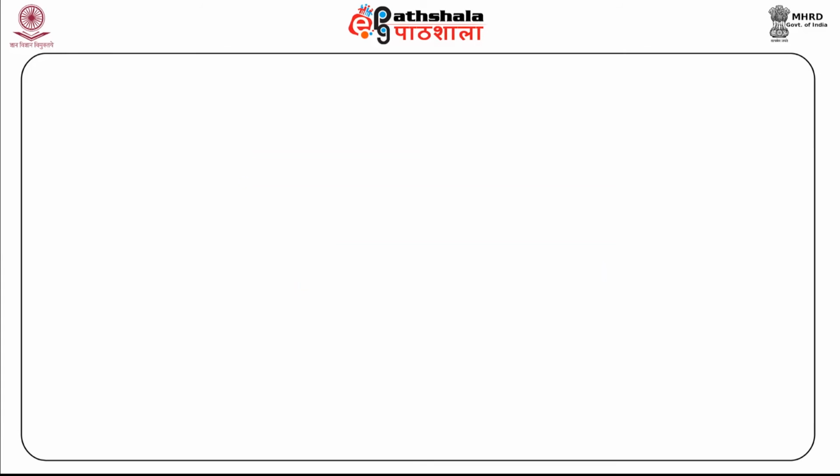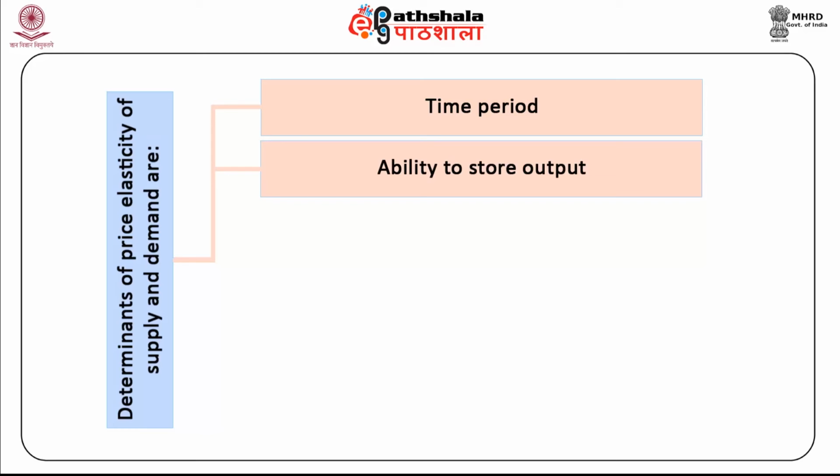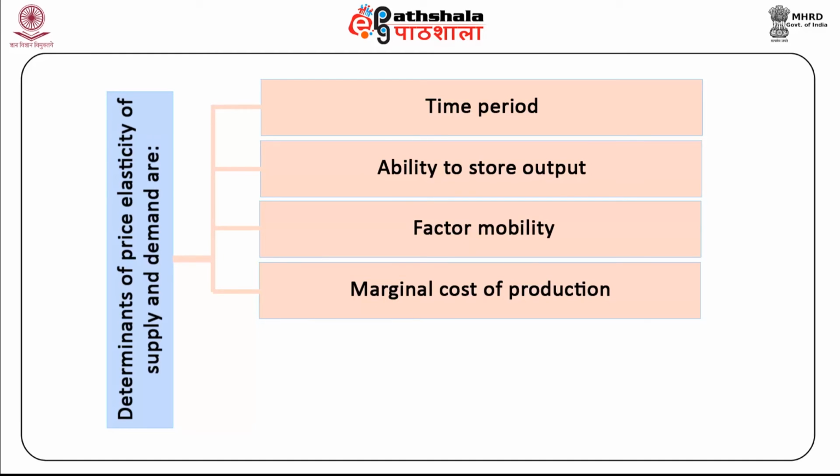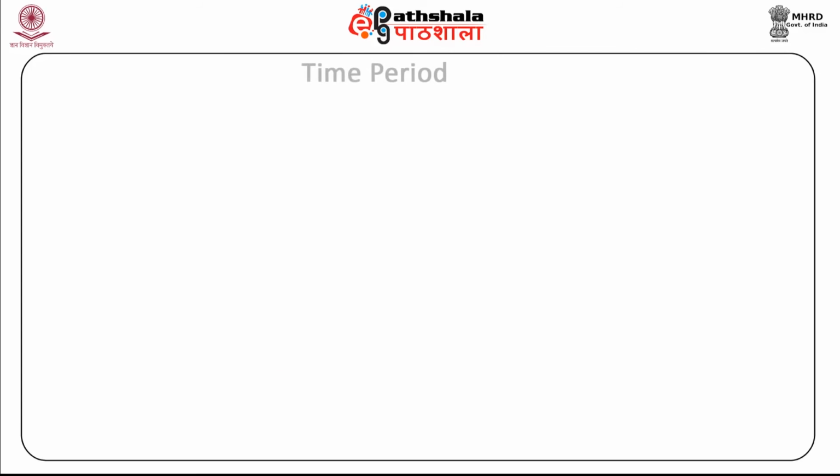The main factors which determine the degree of price elasticity of supply are time period, ability to store output, factor mobility, marginal cost of production, excess supply, and the availability of infrastructure. Time period: time is the most significant factor which affects the elasticity of supply.